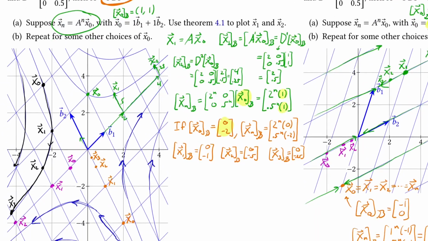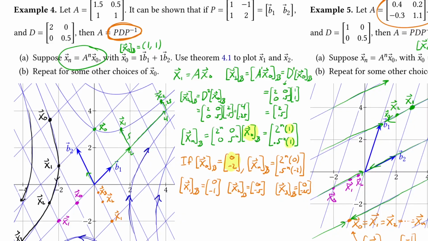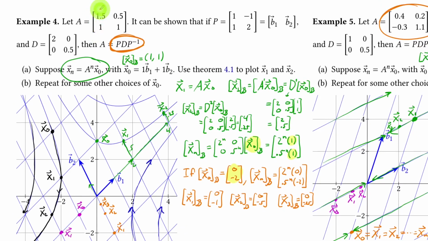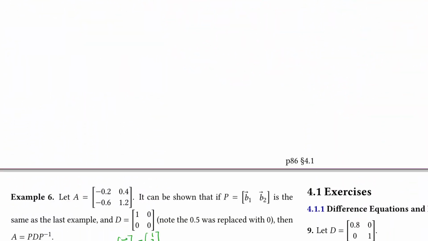We can just see that the columns of A are not multiples of each other, right? You can't multiply this by any scalar and get 0.51 or vice versa. So they're not multiples of each other. You have a linearly independent list of 2 vectors here, and the invertible matrix theorem says that's got to be an invertible matrix.